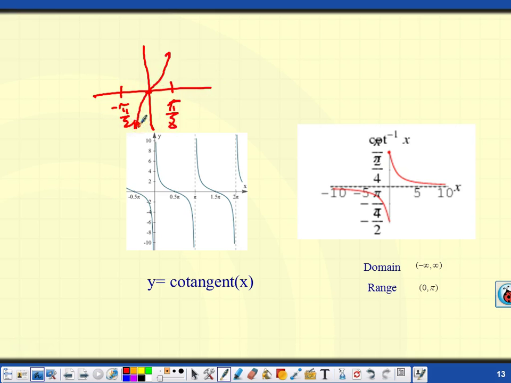So 1 over tangent x, wherever tangent is 0, this has a vertical asymptote. Okay, so that's cotangent.